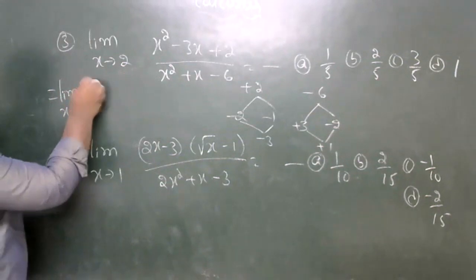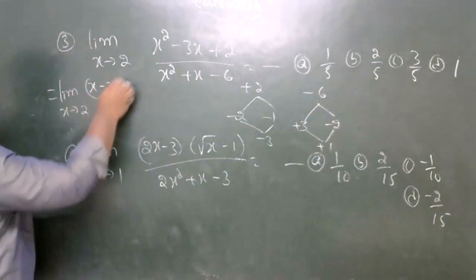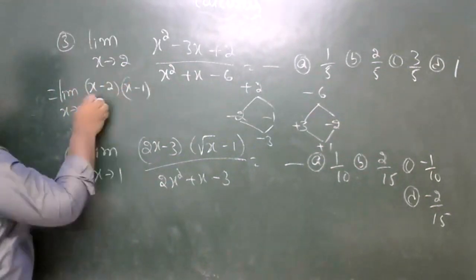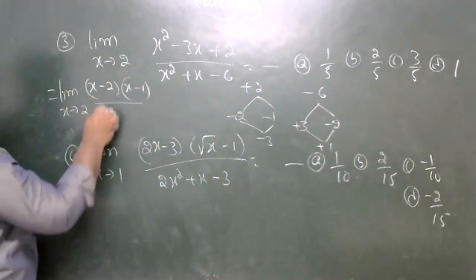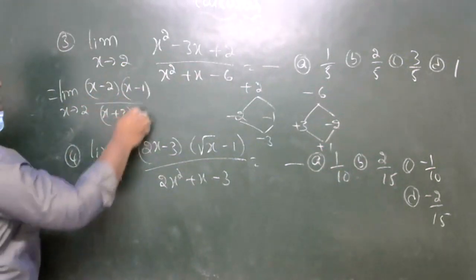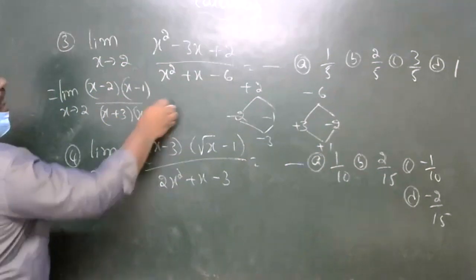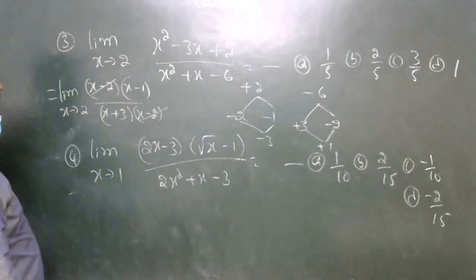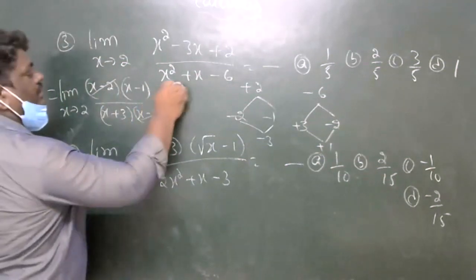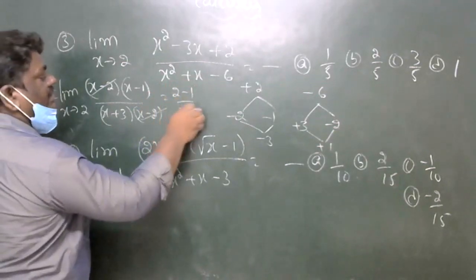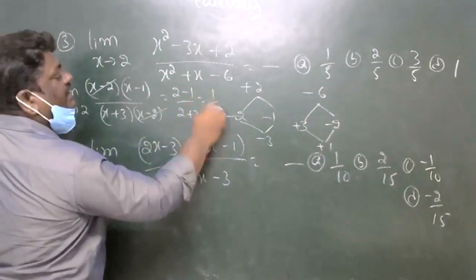So you can write that as x minus 2 into x minus 1 divided by x plus 3 into x minus 2. How are you going to get 0? The factors get cancelled, you know. I'm going to get 2 minus 1 divided by 2 plus 3. 1 by 5 is the answer.